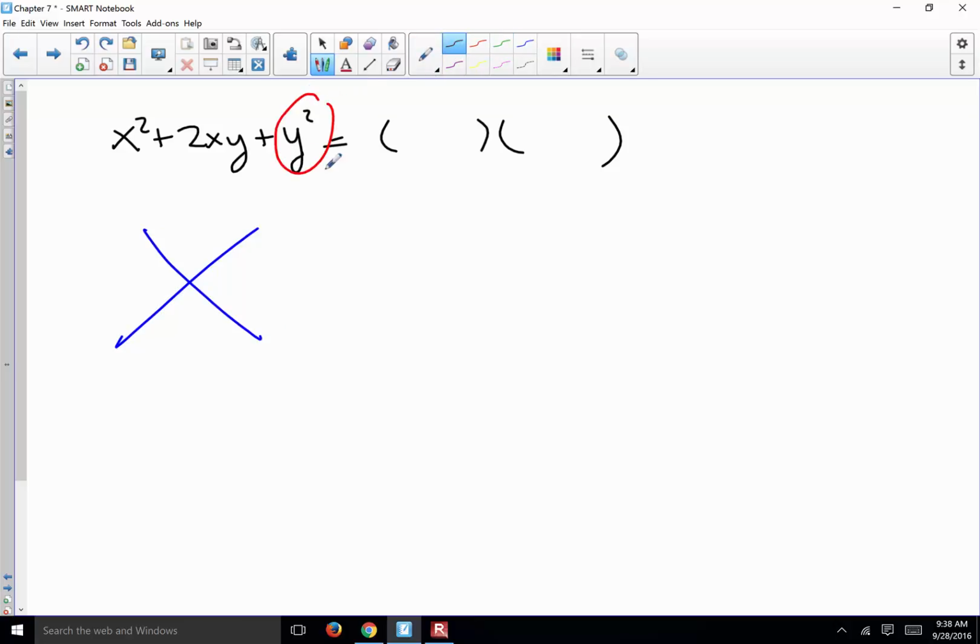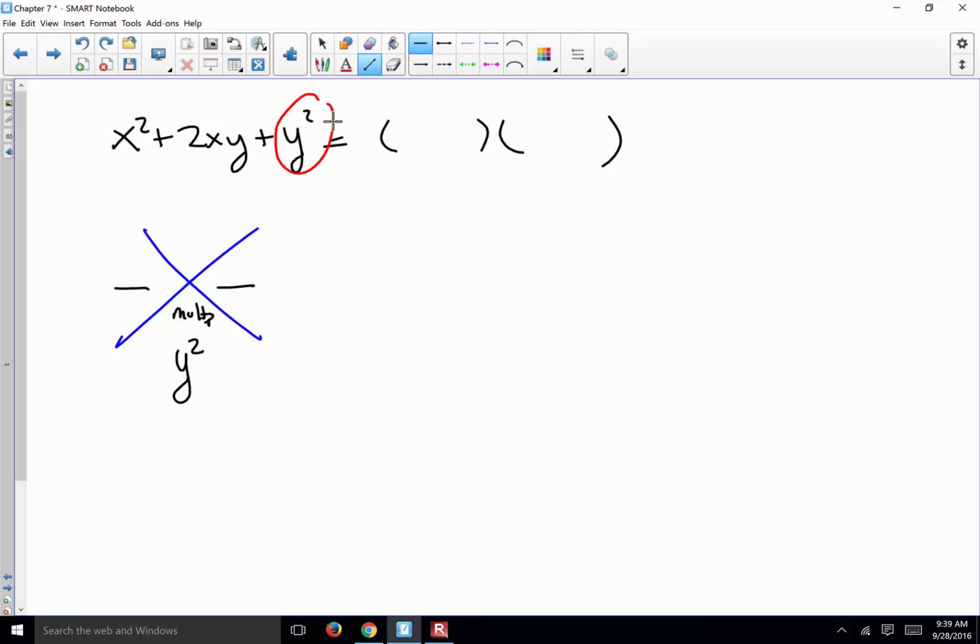There are two expressions here. They multiply to y squared. You're going to put something and something here that will multiply to y squared, but when you add them, no, it's going to make 1.